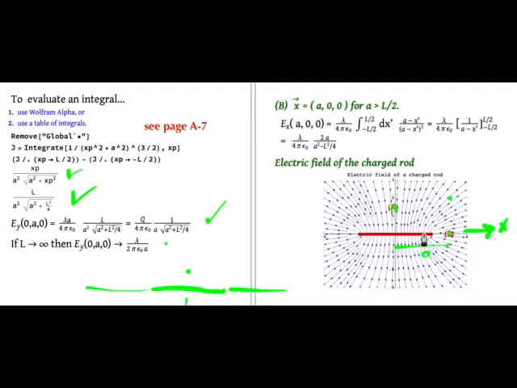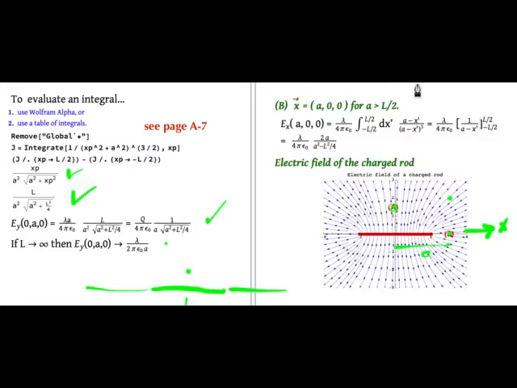Remember, it's x minus x prime, and x prime goes from minus L over 2 to L over 2. So x minus x prime would be a minus x prime because x is equal to a in this part. And the denominator is just a minus x prime cubed. So this will be a minus x prime over a minus x prime squared.